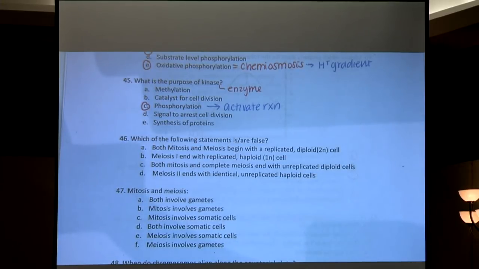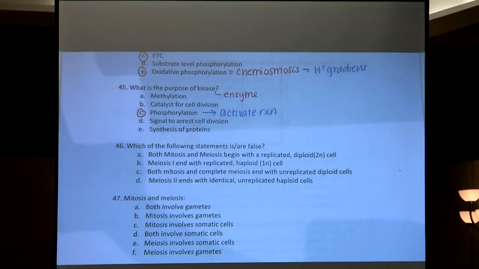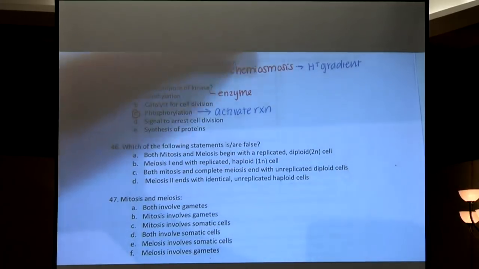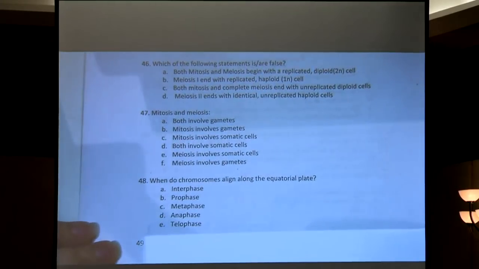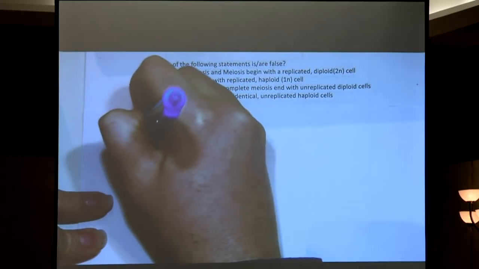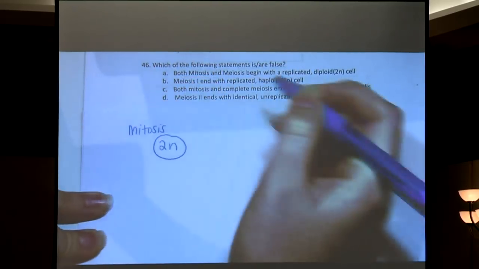So which of the following statements is or are false? So both mitosis and meiosis begin with a replicated diploid cell. Is that true? All right, and just a reminder, for mitosis first, we're working with our 2N cell at the beginning, all right?